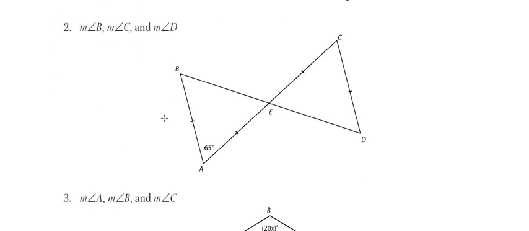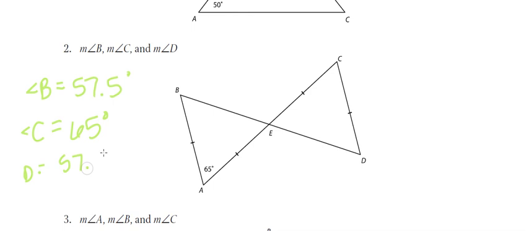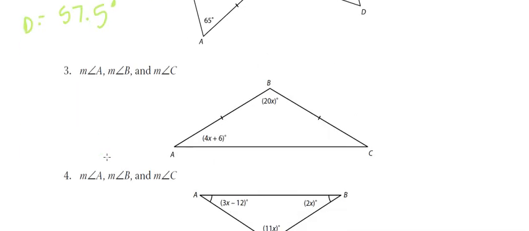In number 2, we have that the measure of angle B is 57.5 degrees. We have that the measure of angle C is 65 degrees, and that the measure of angle D is 57.5 degrees. Then we move over to number 3.